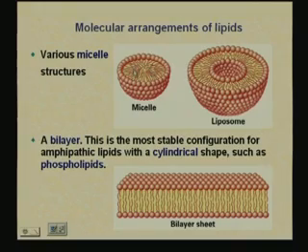Why? Because it has a hydrophobic core, right, and it would be possible to transfer a hydrophobic component, but if it happened to be a polar part, it would be difficult to do so.